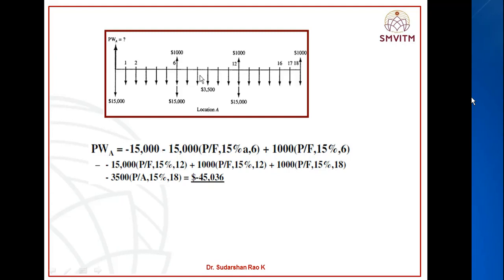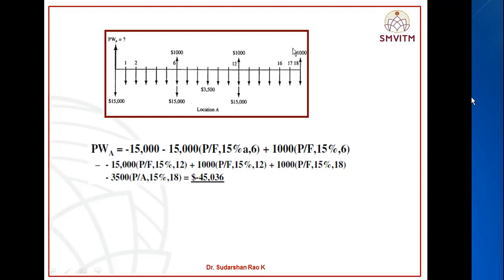Then the second cycle is minus 15,000 P by F 15% 12 years, plus 1,000 P by F 15% 12. Next, the last 1,000 P by F 15% 18.